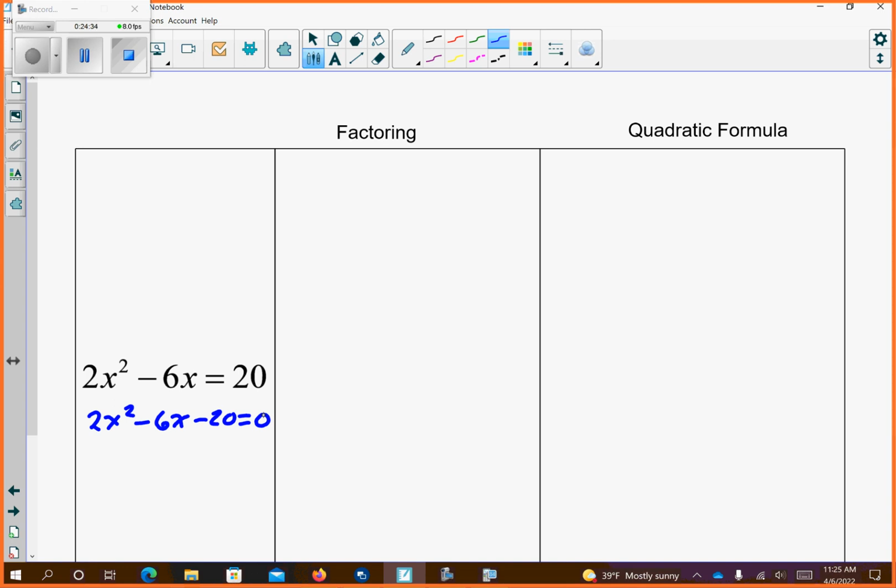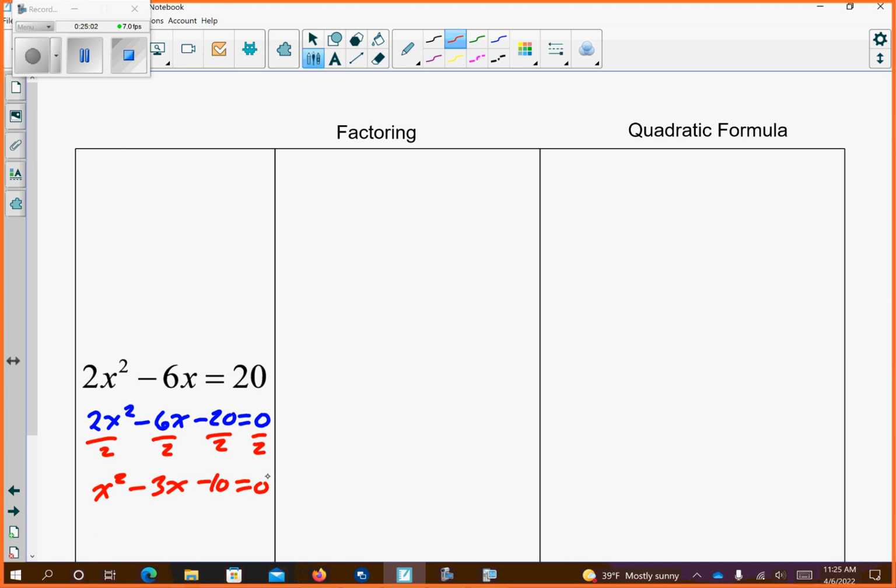What number could I divide 2 and 6 and 20 by to get it smaller? 2. Okay? Now, if you don't do that, it's still going to work, especially on the quadratic. So that's going to give me x squared minus 3x minus 10 equals 0.